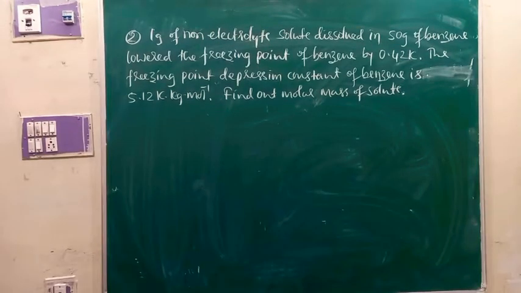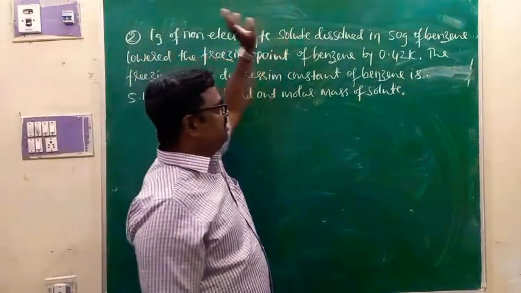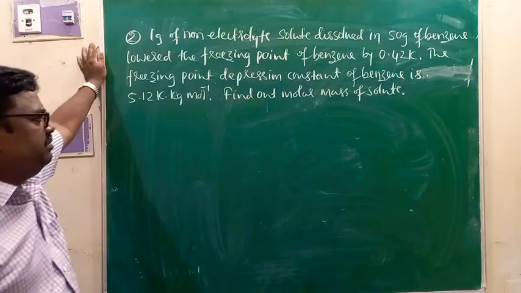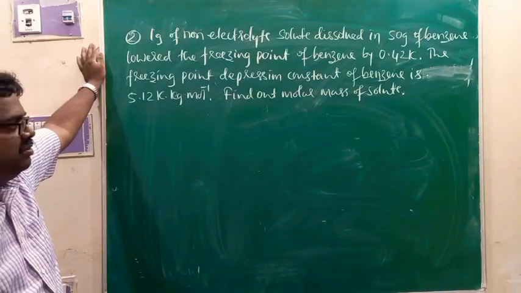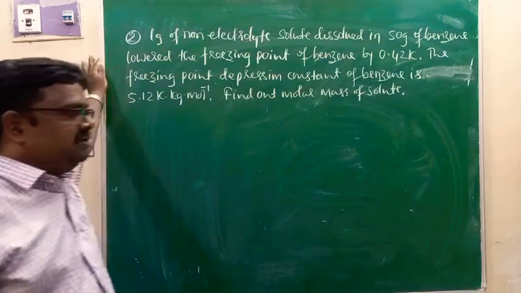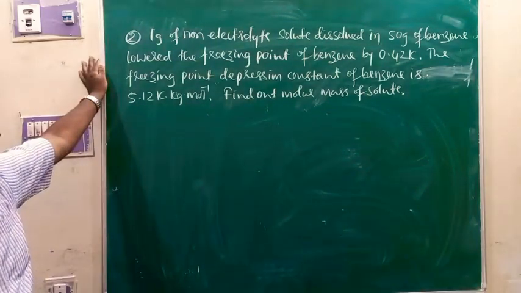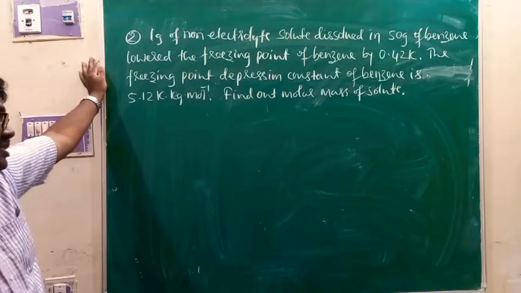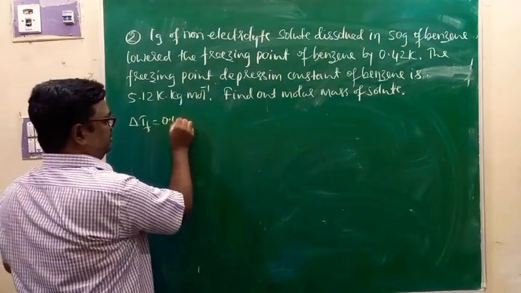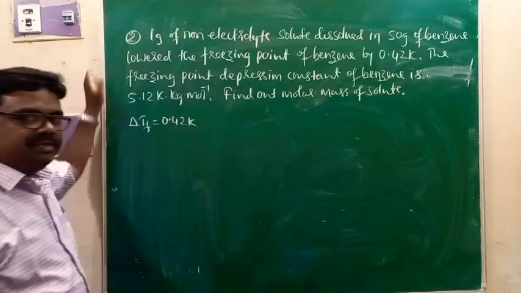Okay, second problem. 1 gram of non-electrolyte solute dissolved in 50 grams of benzene lowered the freezing point of benzene by 0.42 kelvins. When 1 gram of non-electrolyte is added to 50 grams of benzene, the freezing point of benzene decreases. By how much did it decrease? That is delta TF, equal to 0.42 kelvins, the depression in freezing point.